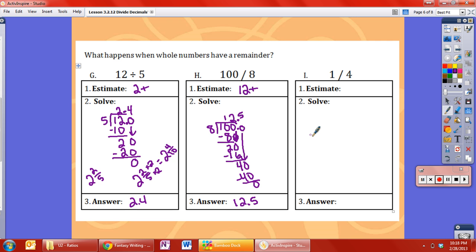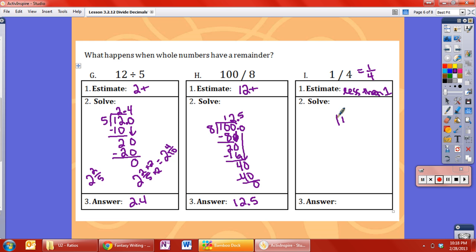So there you go. And we can also divide smaller numbers by bigger numbers this way. So this is the same as 1/4. So whatever 1/4 is equivalent to as a decimal, that should be our answer when we divide this. I'm just going to estimate less than 1 because 4 doesn't go into 1 even one time.